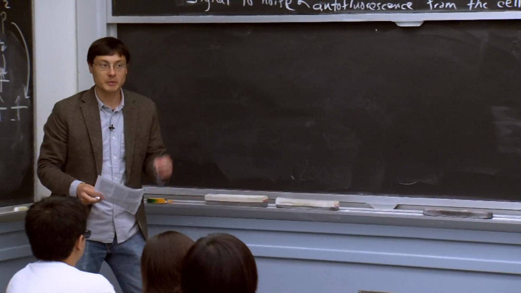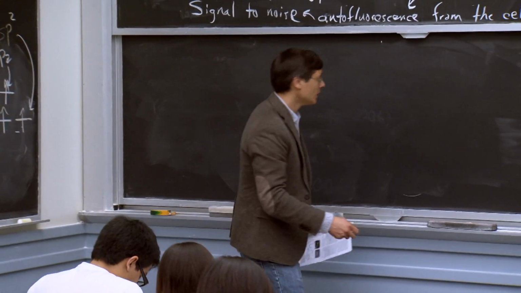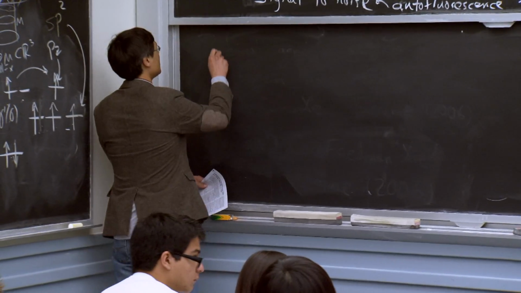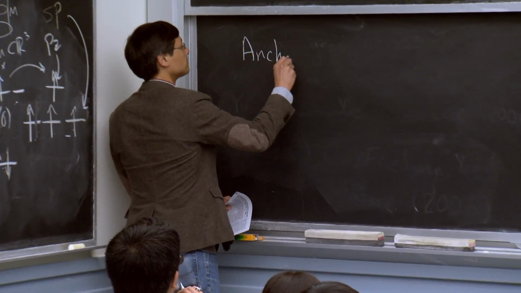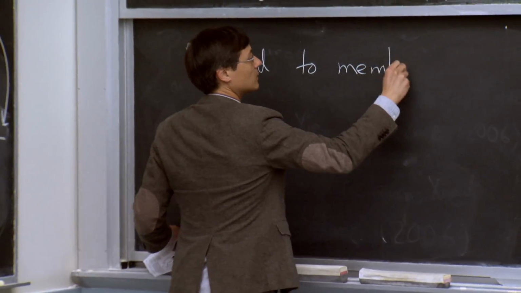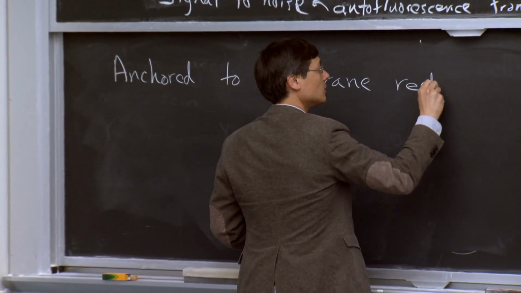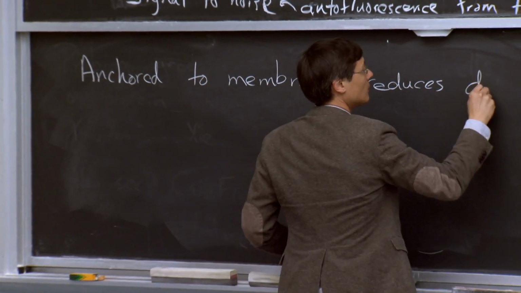Proteins diffuse slower in the membrane. I think that depending on the organism, there's more or less diffusion and so forth. But what they did is they anchored it to the membrane, which reduces diffusion.